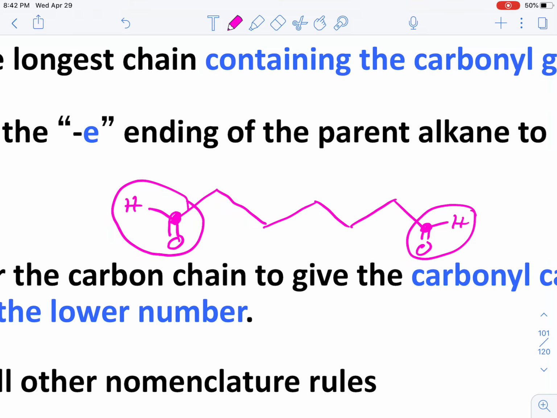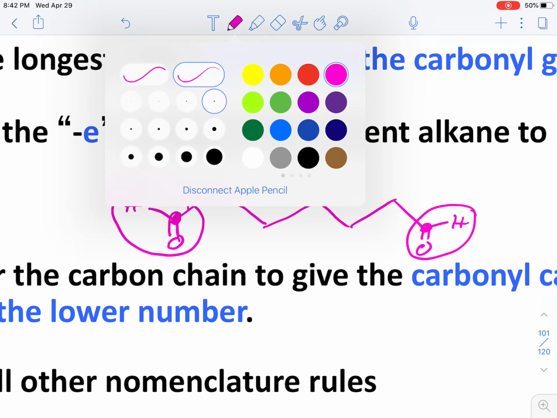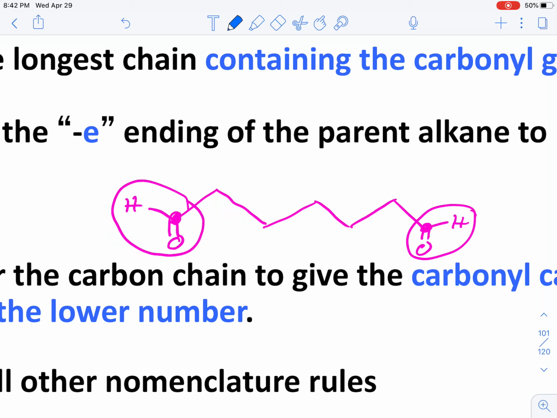However, for ketones, since they're found within the molecule, I can have a ketone in this position, I can have a ketone here, here, here, and here. And since there's many places where ketones are found, I need to communicate to the reader what carbon number the carbonyl carbon is located at, for me to communicate that that's where that ketone is.